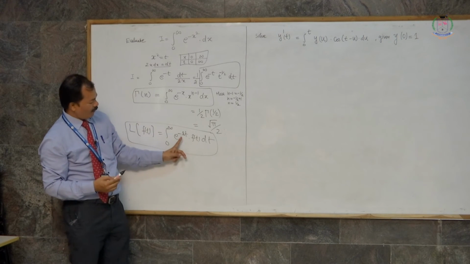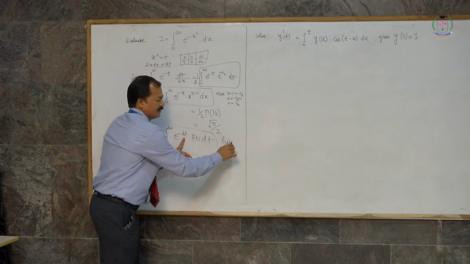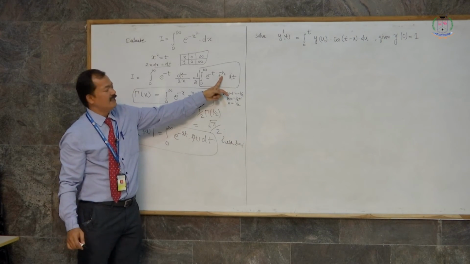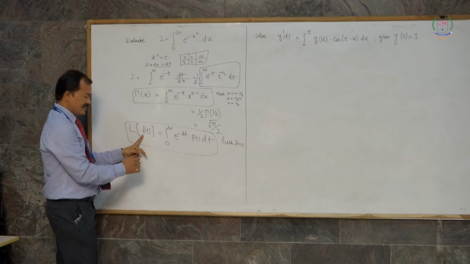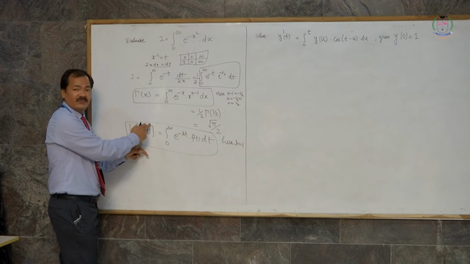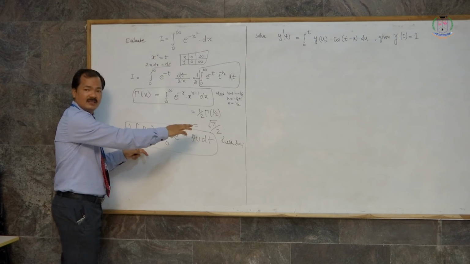Now compare here e power minus s into t. Of course, here the parameter s is equal to 1 in that sense. What is f of t? T power minus half. So that is same as saying the Laplace transform of t power minus half, which we have already proved.